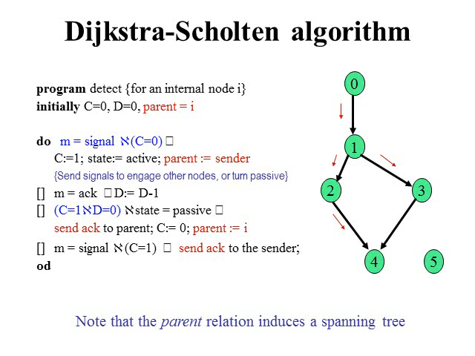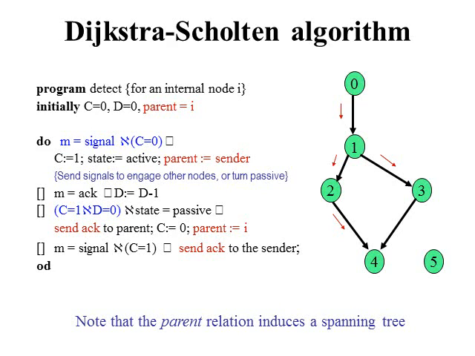Now let's look at the third statement in the algorithm. In the third statement, we see that if C equals 1 and D equals 0, and the state is equal to passive, all right, so the value of C equals 1. What does that mean?